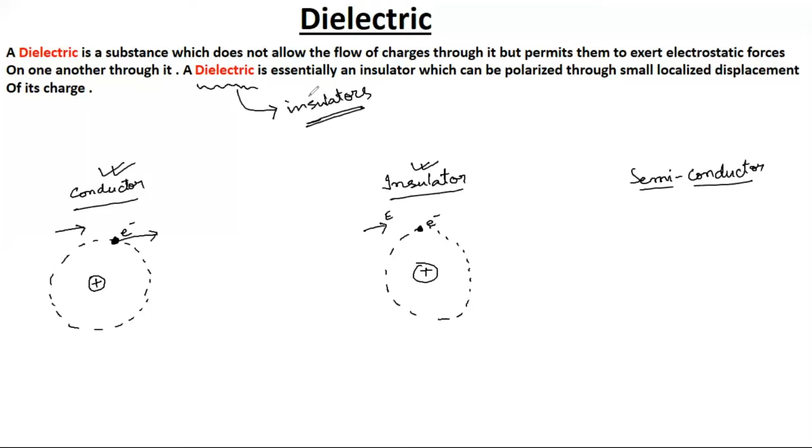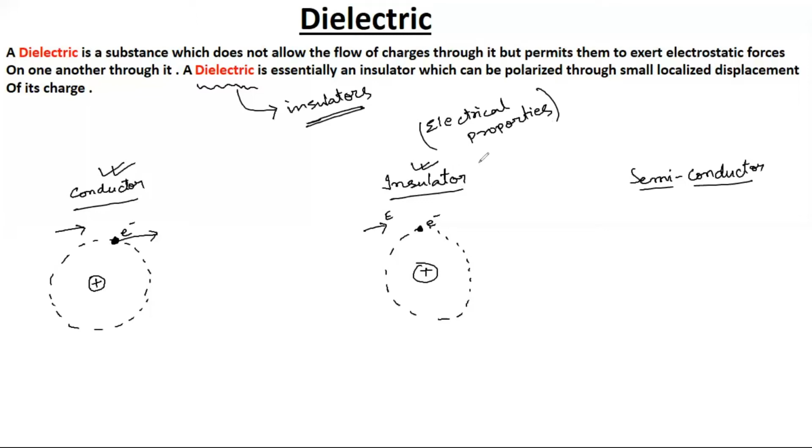And we see such movement when the dielectric substance comes under an external electric field, right? And because of which it shows certain electrical properties. We will be studying all those electrical properties, and that is why these dielectric substances are very much used in building electronic devices.